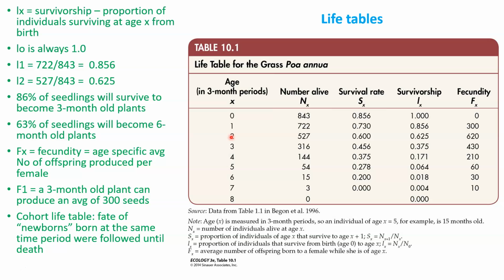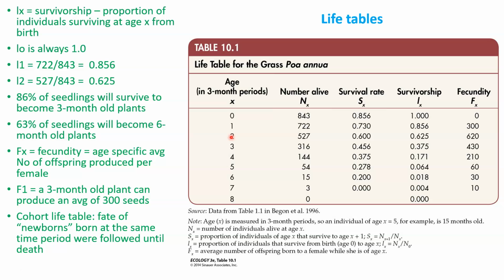You can see the fecundity increases first with the aging population, and then it declines as the population continues to age even further. So it's interesting to try to interpret what happens to number alive, survival rate, survivorship, and fecundity as the population ages.